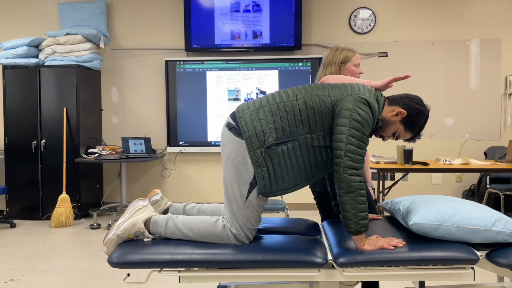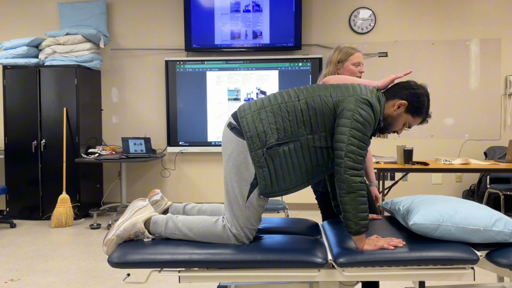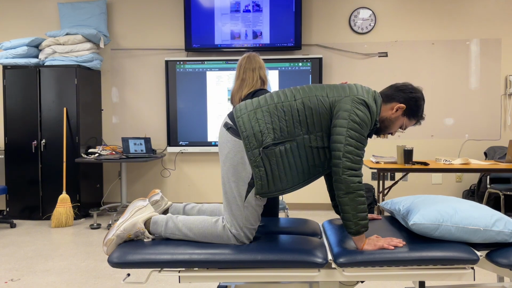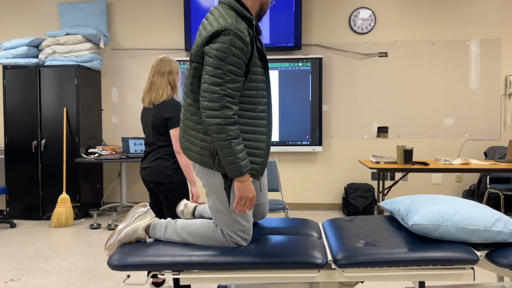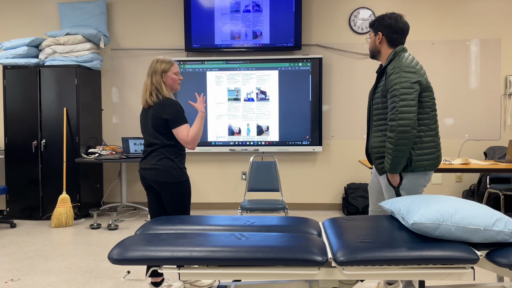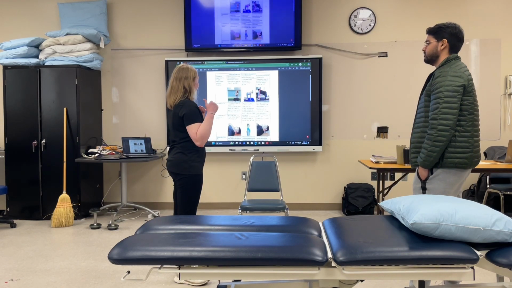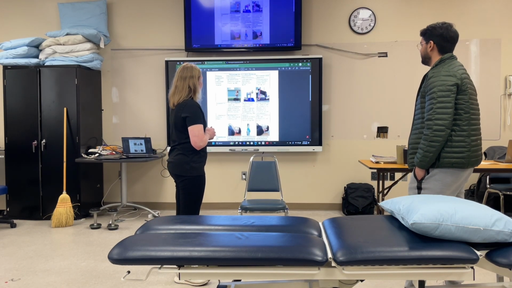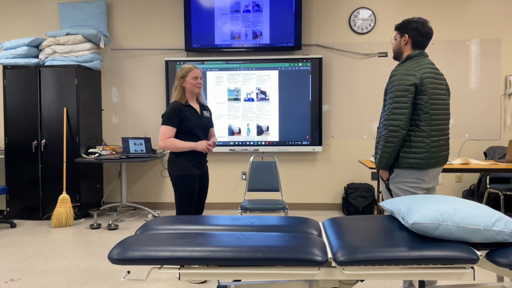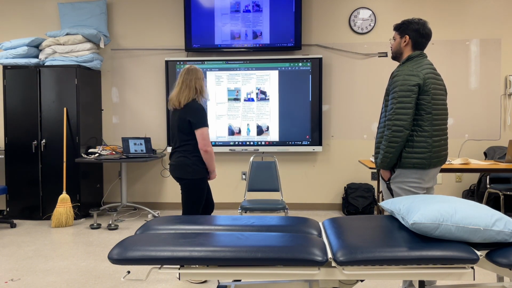And they can do that like 10 times, 3 sets. And this teaches the patient to get back to the neutral cervical spine and bring the head back. And you know they have strong extensor muscles when they can hold the position for up to 2 minutes.